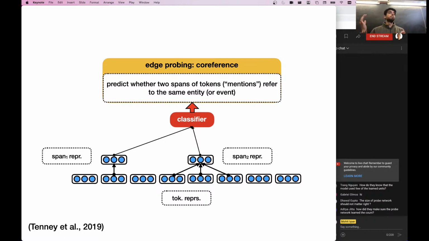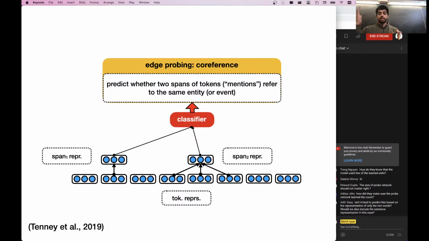But you can boil all of that down to binary decisions between pairs of entities in the sentence. Actually, co-reference resolution as a task is generally solved as a pairwise classification decision. So first you detect all the mentions in the sentence, then you classify whether each one is co-referent or not. And in doing so, you can form a bunch of clusters of things that are co-referent, or different clusters of entities.